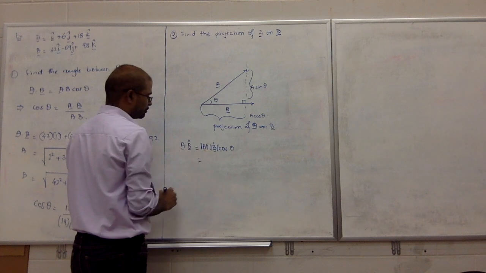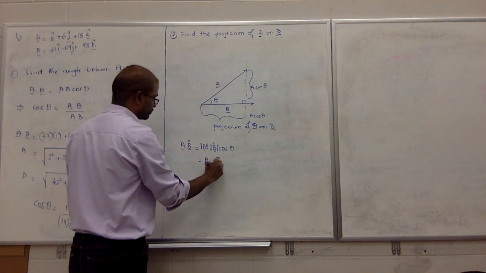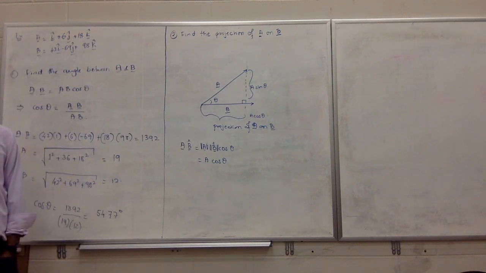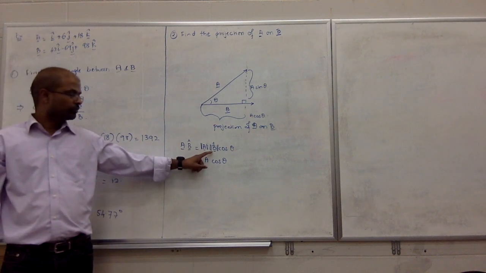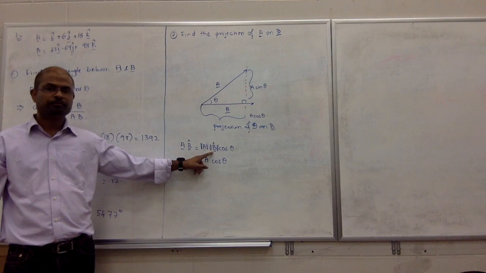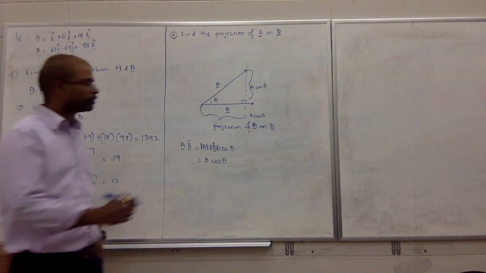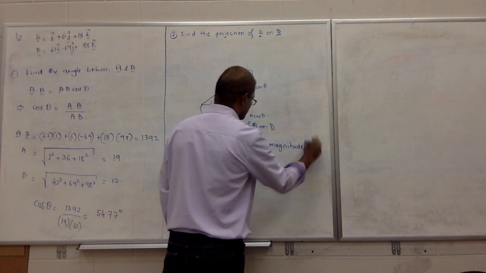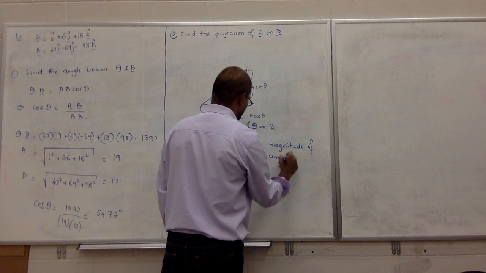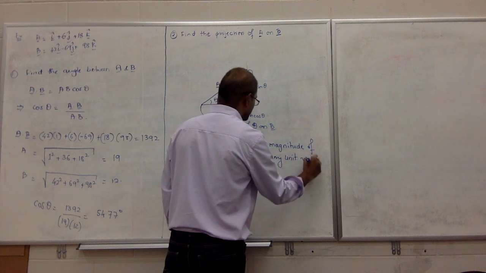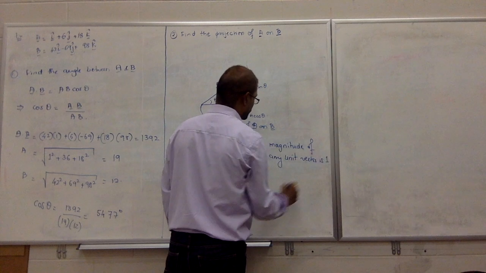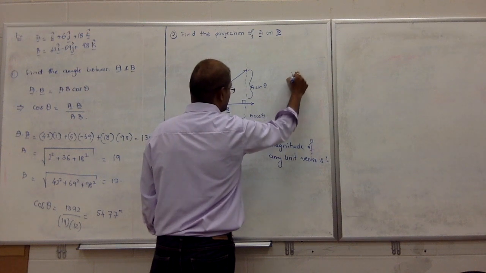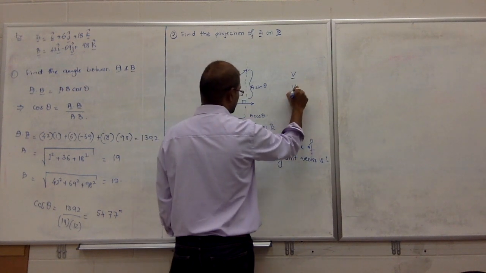This is the same as A cosine theta. Why so? What is the magnitude of a unit vector? 1, right? Magnitude of any unit vector is 1. Okay. Just a reminder, this is a vector. What is this?